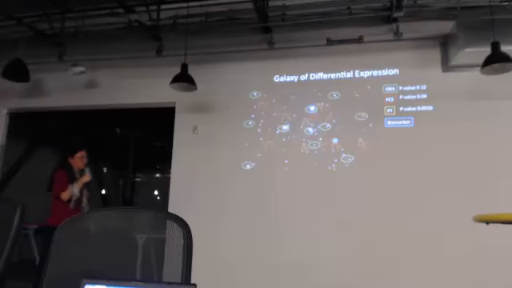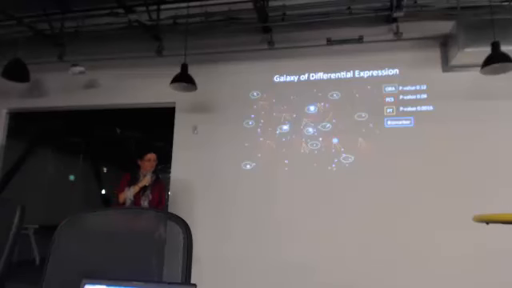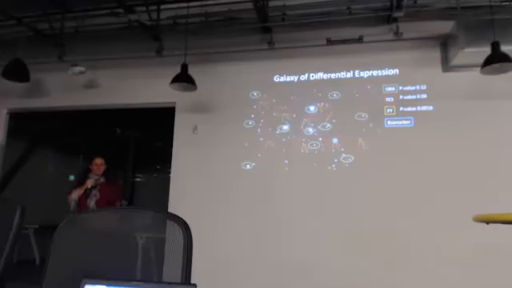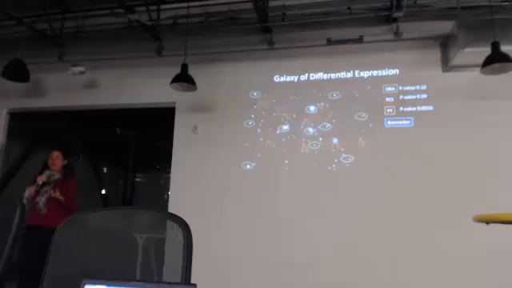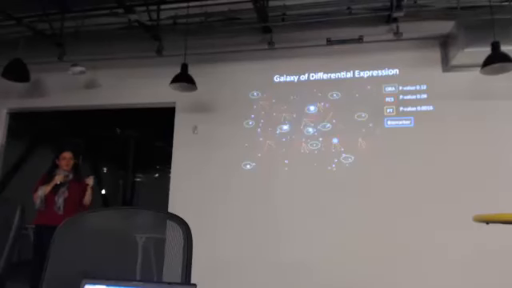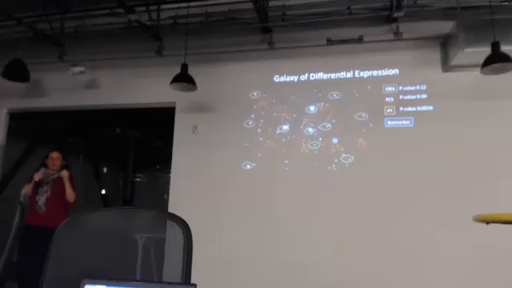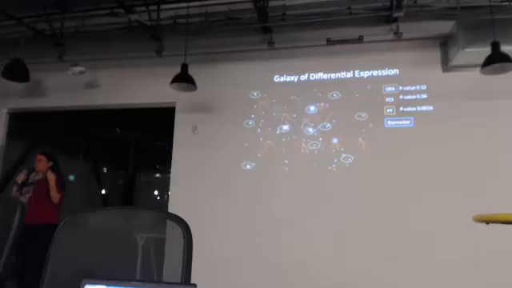And then my concluding slide: if we take a step back and think about what we're doing, think of it as a galaxy. The first generation approaches are just picking out the bright stars in the solar system. Those are the smoking guns.